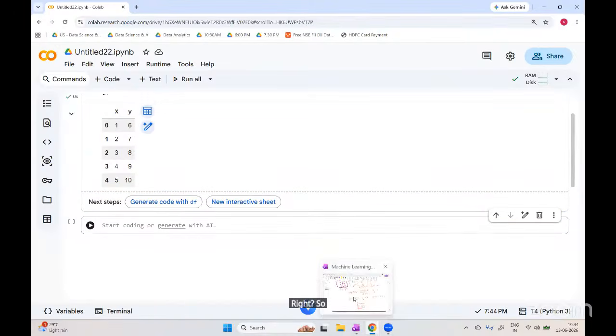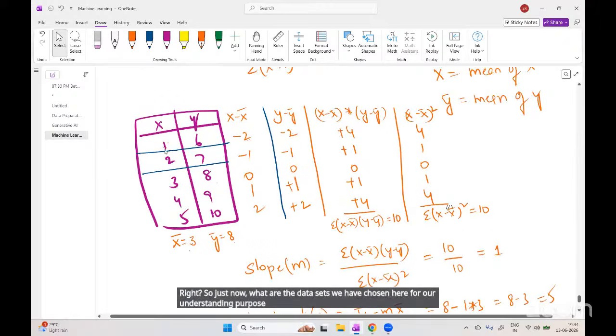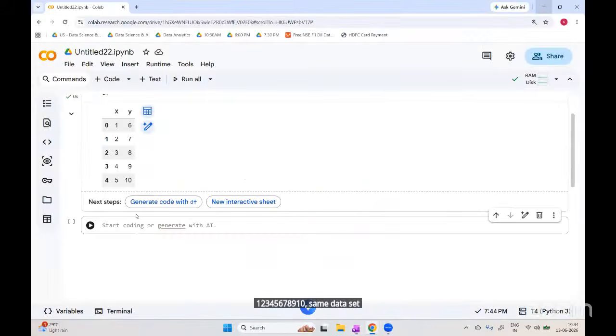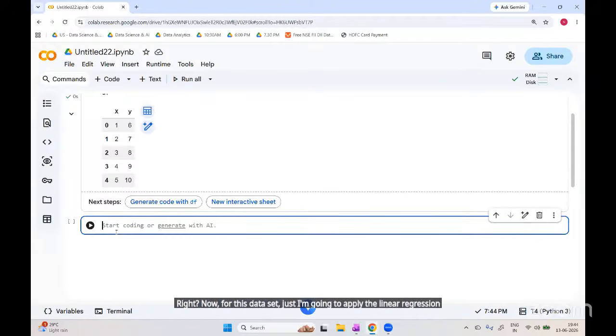So what data set have we chosen here for our understanding purpose? 1, 2, 3, 4, 5, 6, 7, 8, 9, 10. Same data set I have taken. Now, for this data set, I'm going to apply the linear regression, the same thing I told you just now.